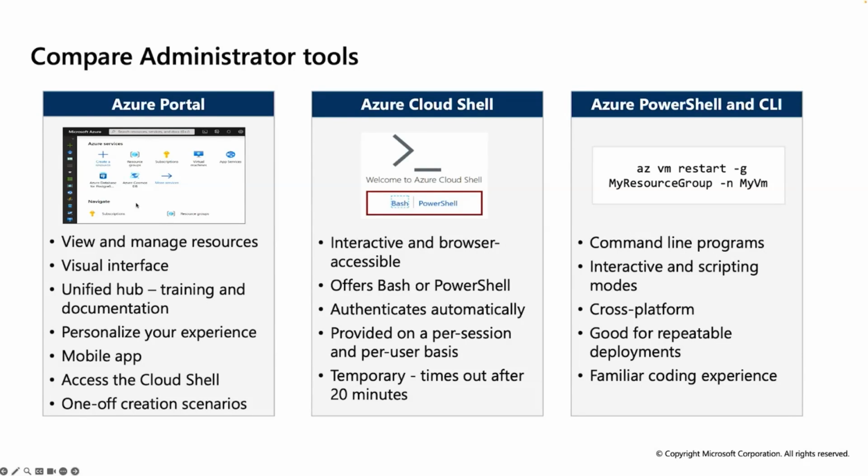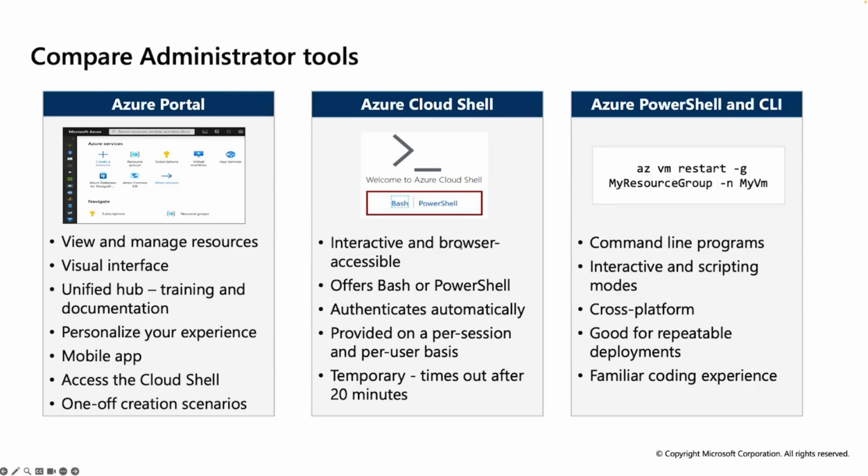There's a visual interface, so it's a more graphical interface rather than just a black and white command line tool. You can personalize your experience. You've got a mobile app, which you can access as well, and you can access Cloud Shell from here. And it's a one-off creation scenario that you can create and then leave it.